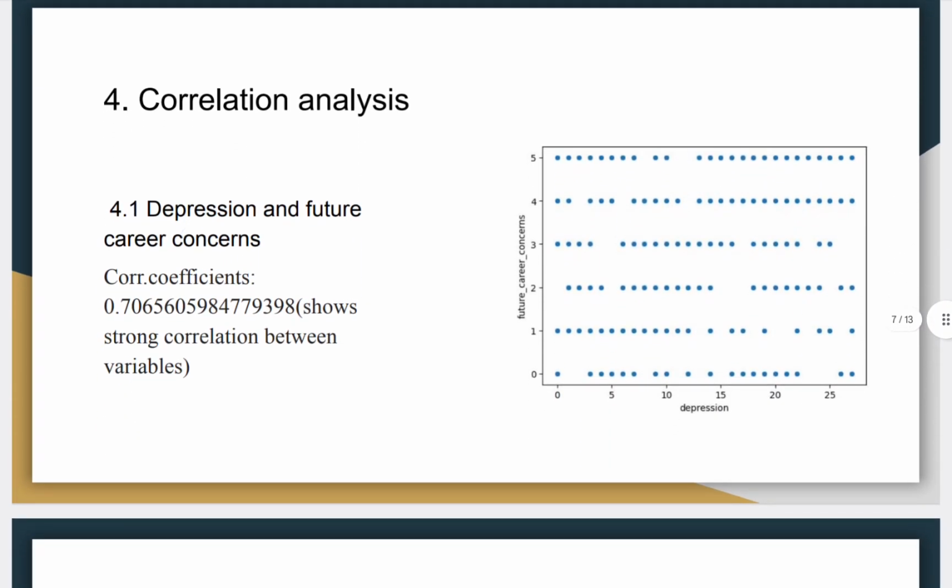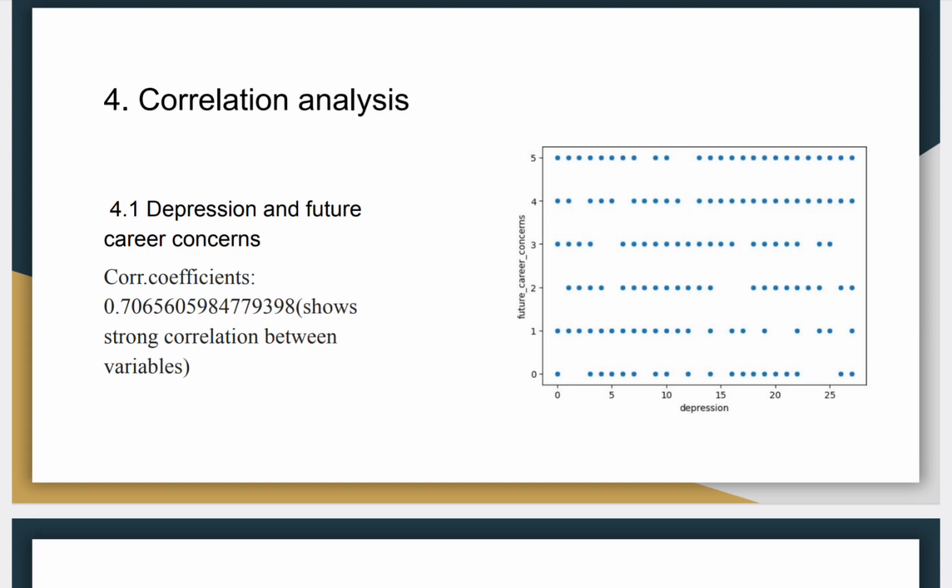So we came to the fourth chapter. It is about correlation analysis. From the introduction we have seen that the aim of this study was to find some relationships which affect the life of students. The first one is depression and future career concerns.